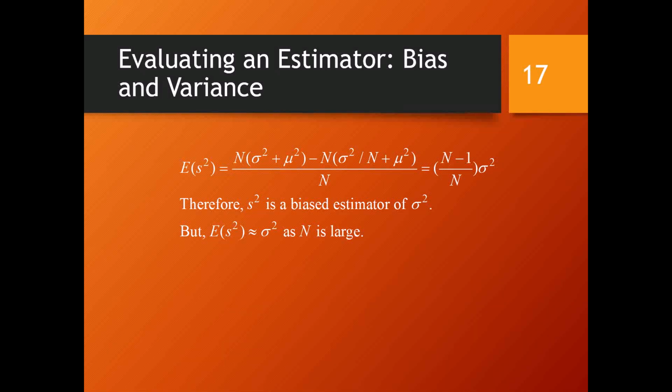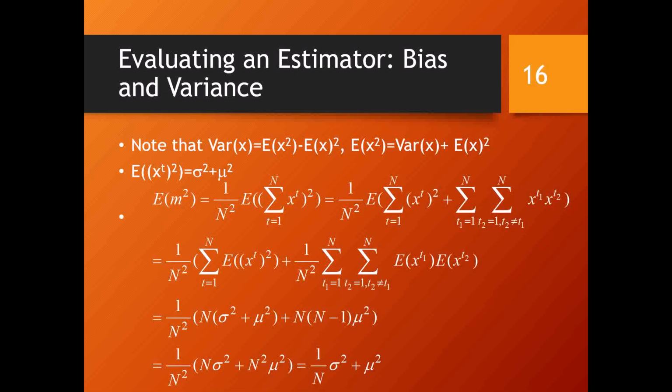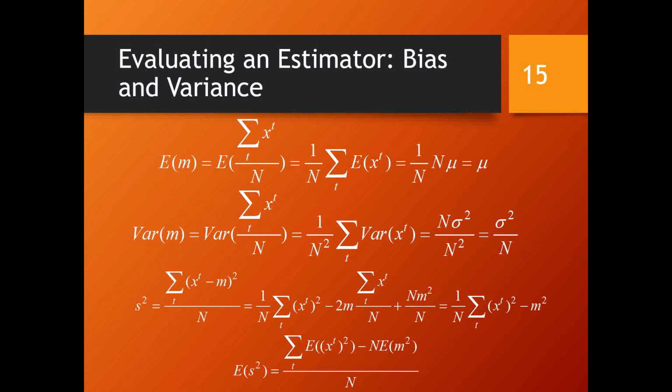So s squared is a biased estimator, but the expectation of s squared is almost equal to sigma squared as long as n is large. So if n is large, this estimator is almost an unbiased estimator.